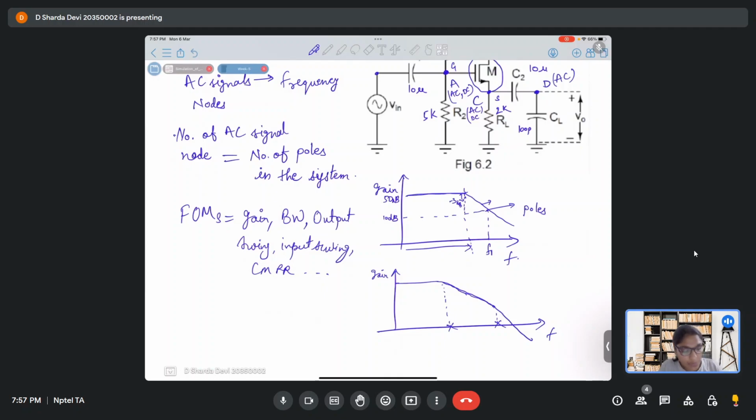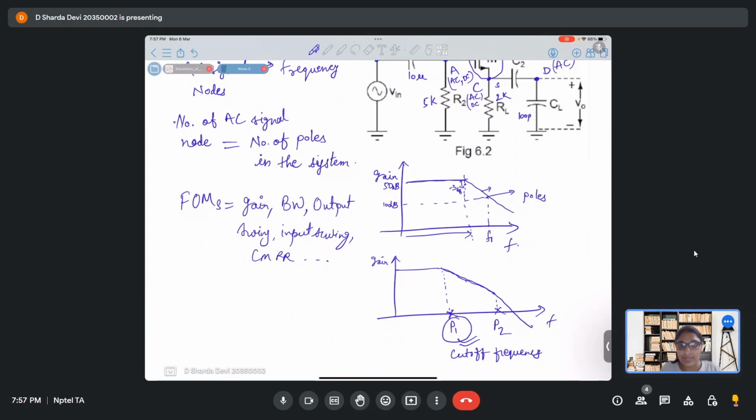See, when I have P1 and P2, the moment I encountered P1, P2 is of no use, right? क्योंकि यहाँ से जहाँ से drop होने लग रहा है मुझे वो point चाहिए ना. And this P1 will behave as my cutoff pole or cutoff frequency. Is this clear? Yes, ma'am.